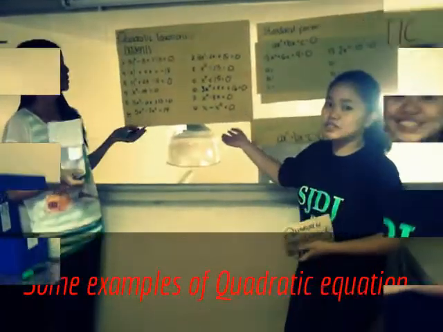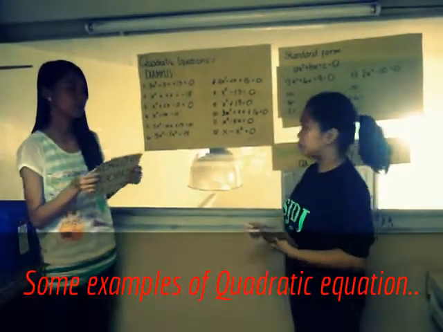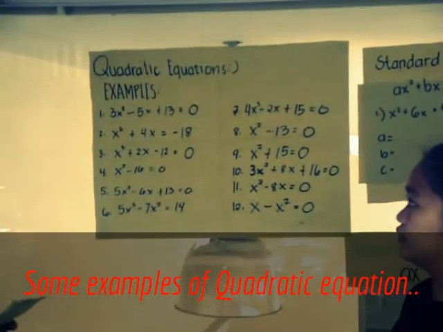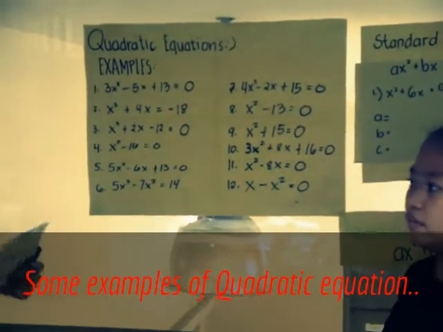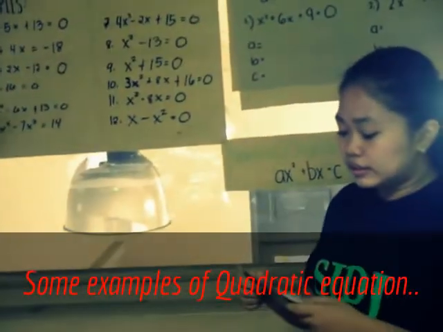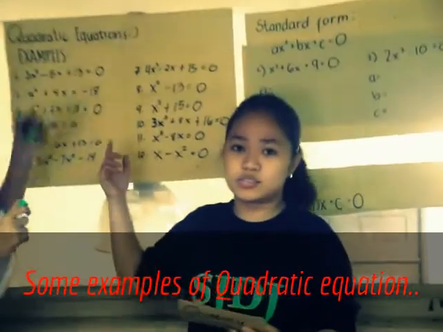Here are the examples of quadratic equation. Number 1. 3x squared minus 5x plus 13 is equal to 0 is correct. It is correct because, according to the rule, the highest exponent must be x squared.